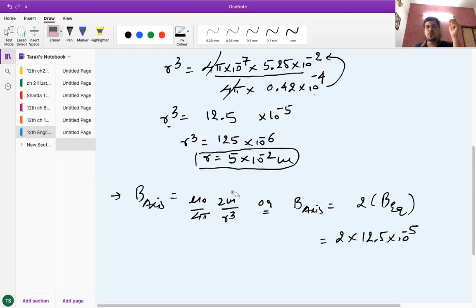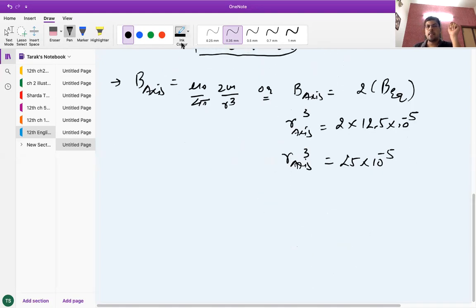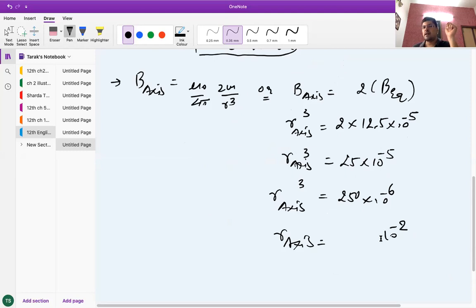If you do it by the other method you will get the answer too, but this is the fast-forward way. That is called r of axis. So r of axis cube equals 250 × 10^-6. So r of axis equals 10^-2 times the cube root of 250, which is called 0.65 only.